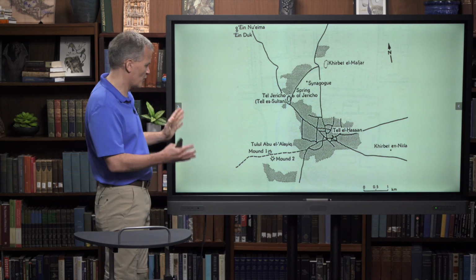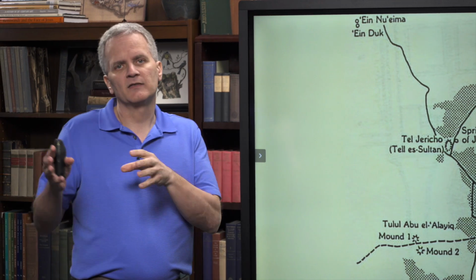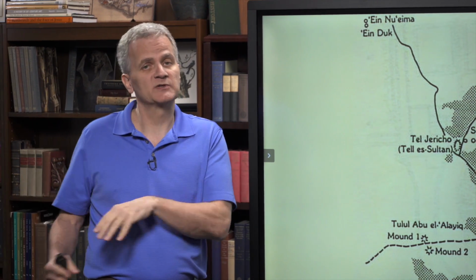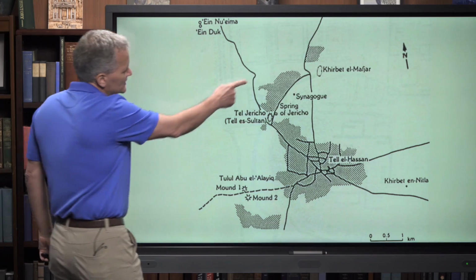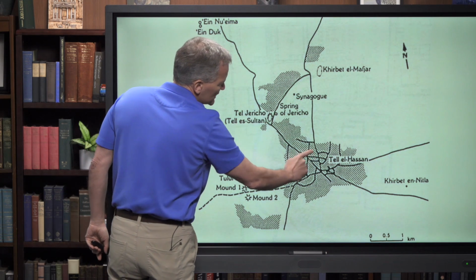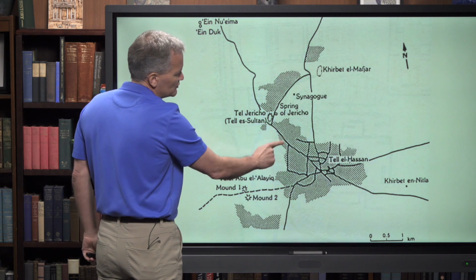So here's a north-oriented view for us just to look at a contrast between the city of Jericho in New Testament times and the city of Jericho in Old Testament times. And so what you see here with all of the black dots are areas that we know for sure were part of the city of Jericho during New Testament times.